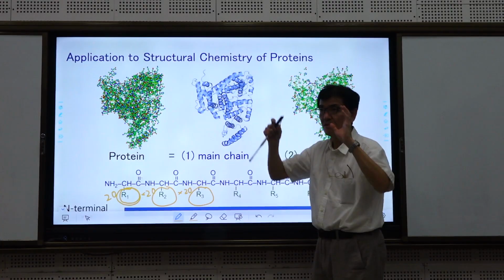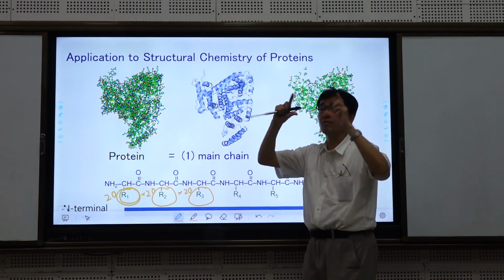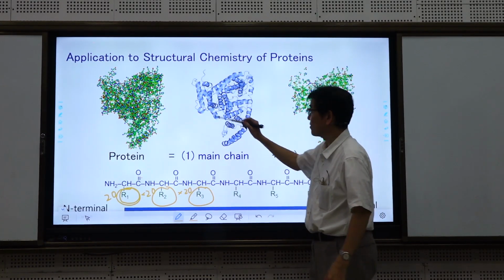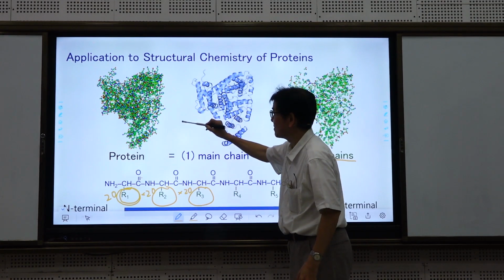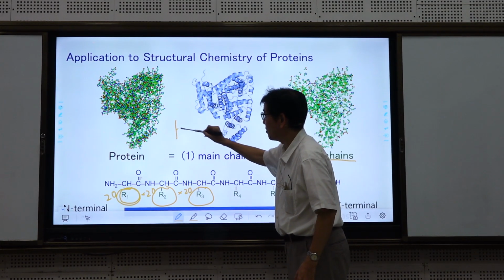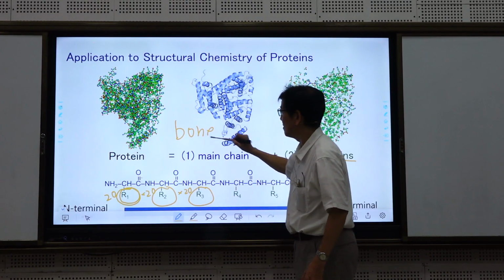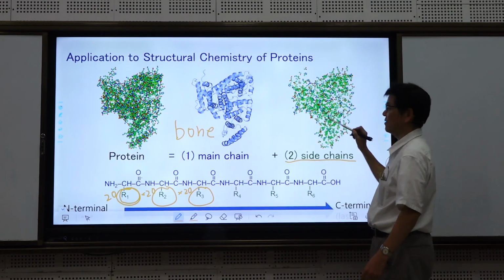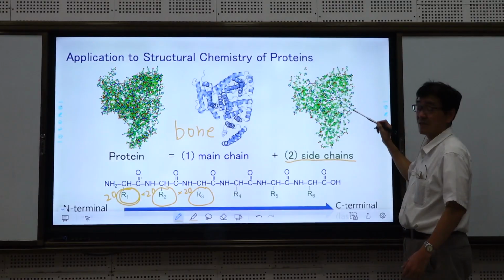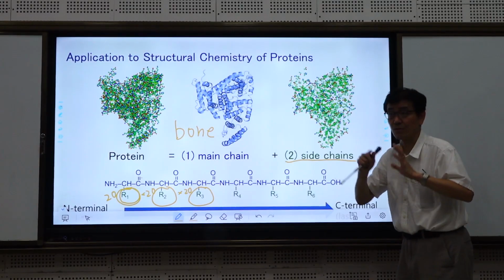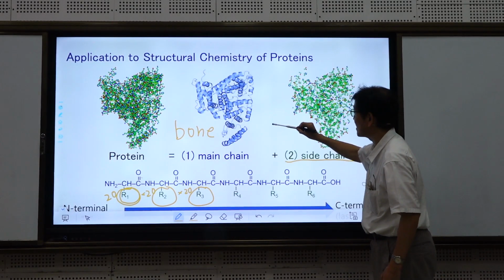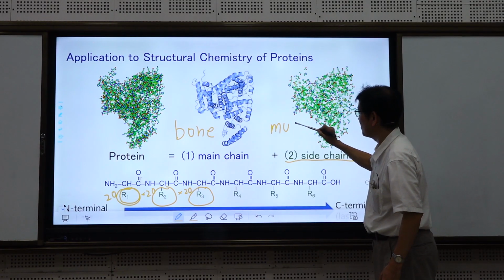The main chain determines the structure of the protein. So, for example, this may be regarded as a bone, and this part is deeply related to the character of the protein, so it may be regarded as a muscle.